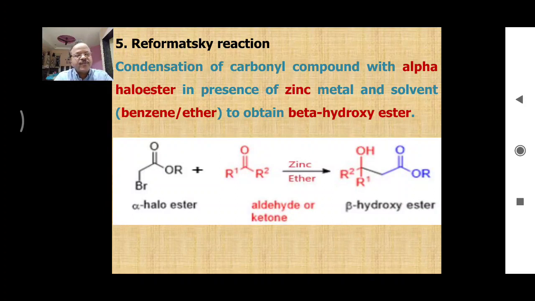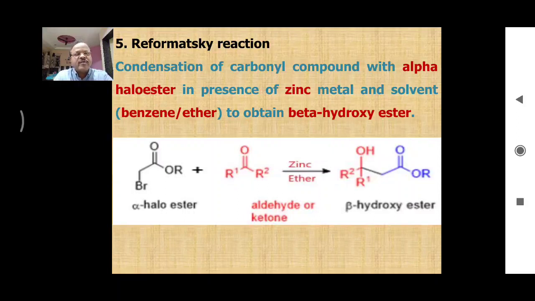So you should create a chart of 5 reactions. You just see the starting compounds used in all these 5 reactions, then reagents used, and see the differences in the products of these reactions. In this way, when you study this topic, you will be able to understand all the 5 reactions.